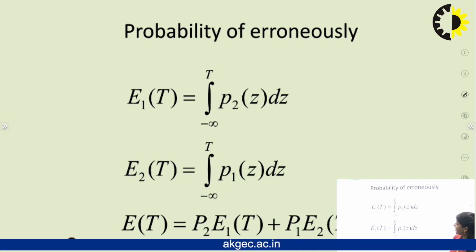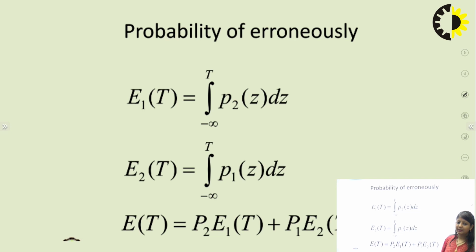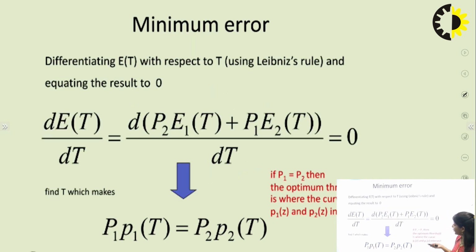We integrate the density with respect to dz from infinity to the threshold. So we get the error, showing whether our threshold has separated the foreground and background without any error or whether there is overlapping. This is the formula for calculating the error, and we can change the threshold value to minimize it.